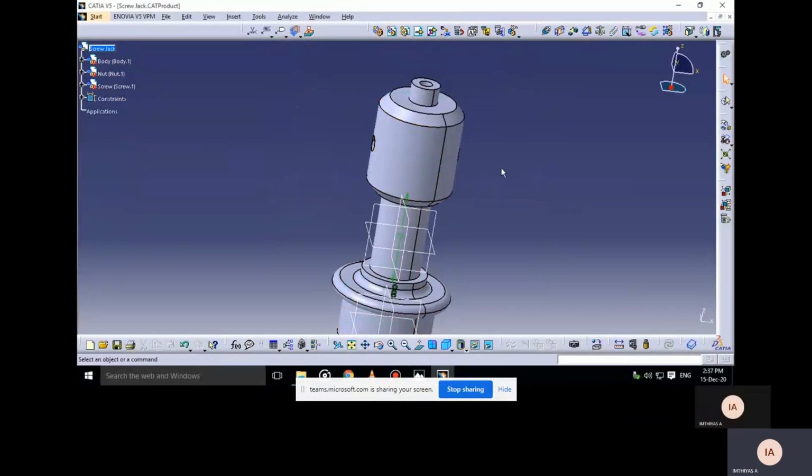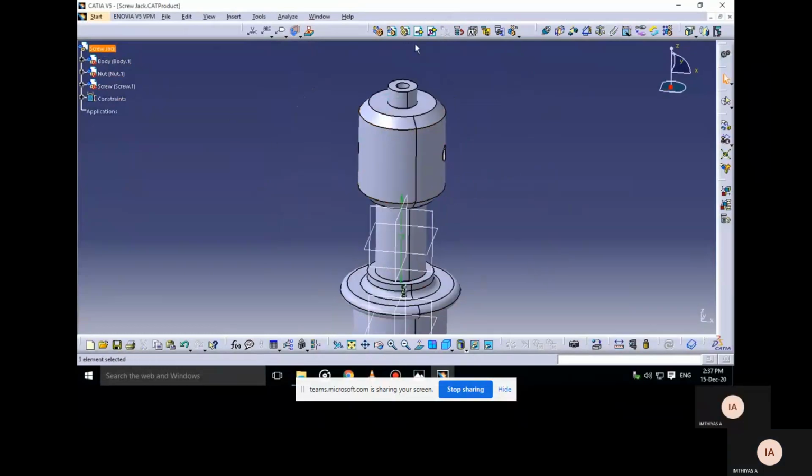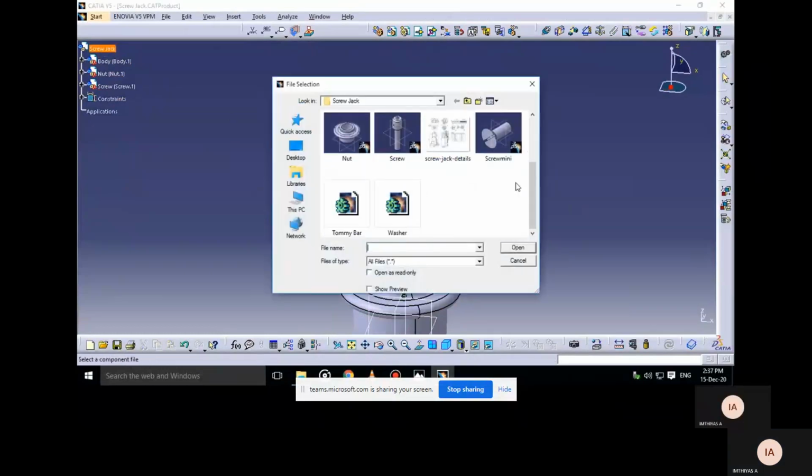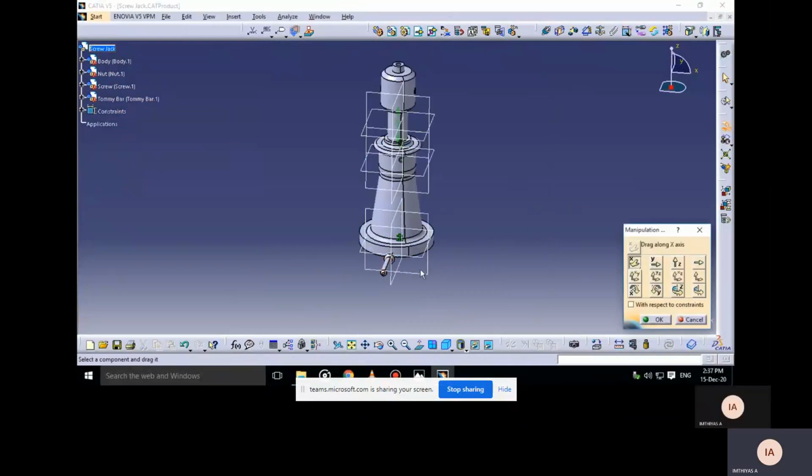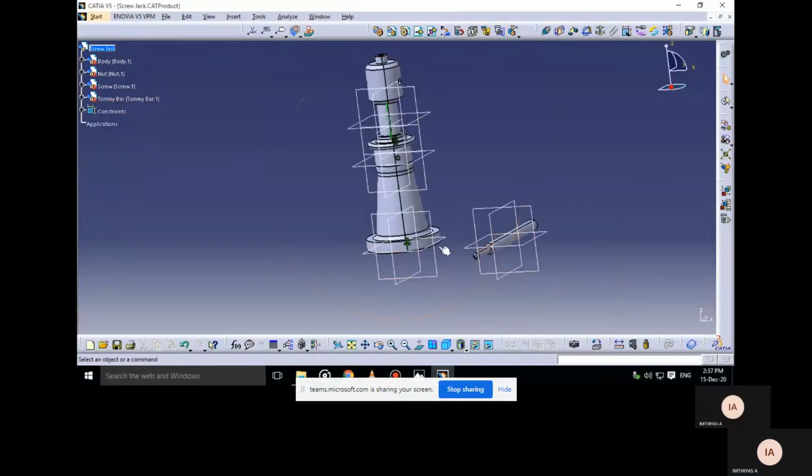Now we are inserting the Tommy bar. Using the manipulation command, we can take over the Tommy bar and insert it.